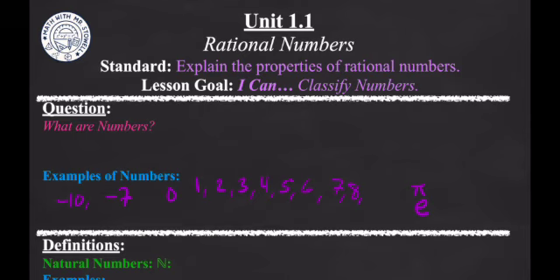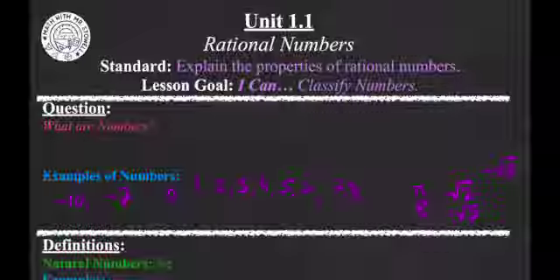You could have square roots of like 2, square roots of 7. Those are also numbers. You could have negative of the square roots. That's also a number.